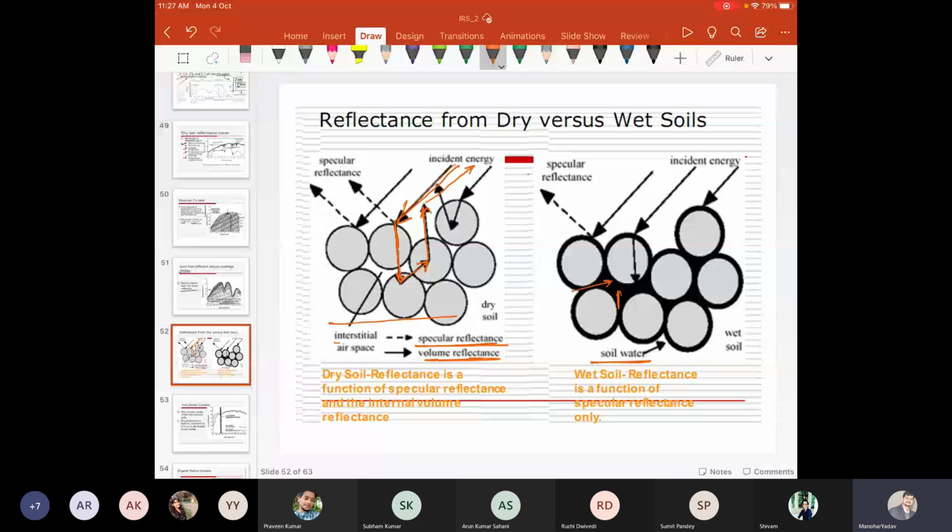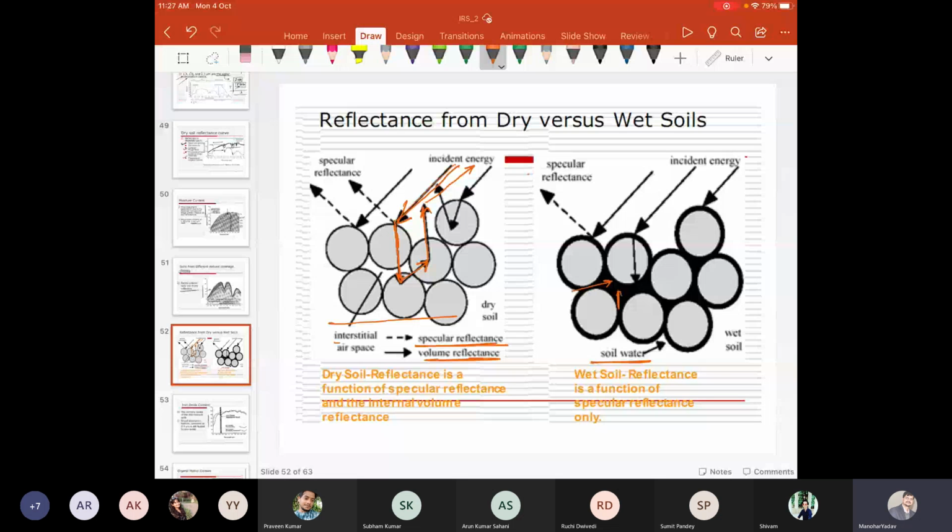Once the incident energy is transmitted inside the bulk, that is the soil, it will be absorbed, trapped by the water. So you will not get the reflected energy from the part that is transmitted within the bulk.